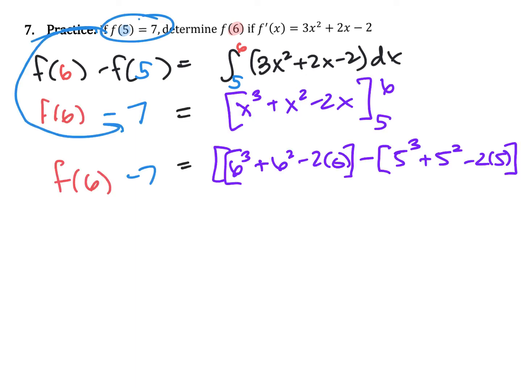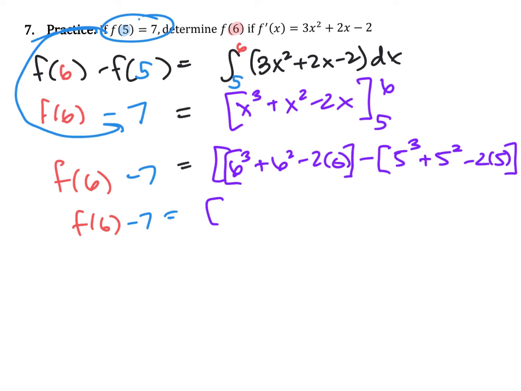So here I plugged in that f of 5 is 7, and I found the antiderivative, and I plugged in those values. And these numbers are a little large, but I think you can work through this to get to the next step, which should be that f of 6 minus 7 is going to equal 6 to the third is 216 plus 6 squared is 36 minus 12.